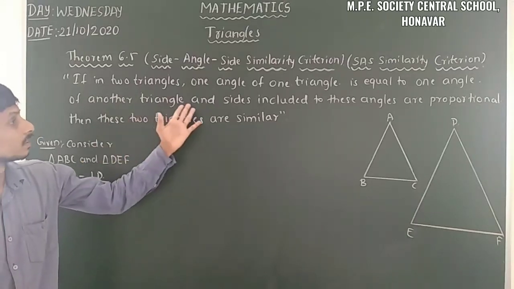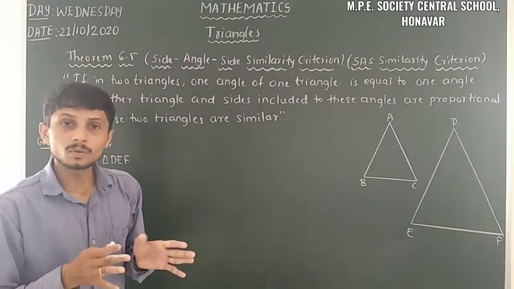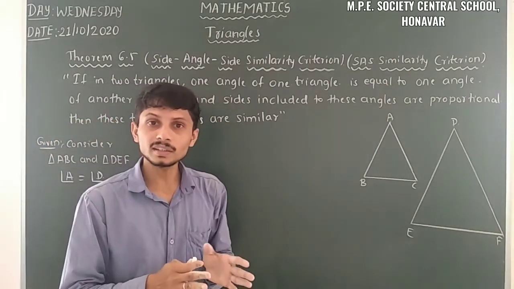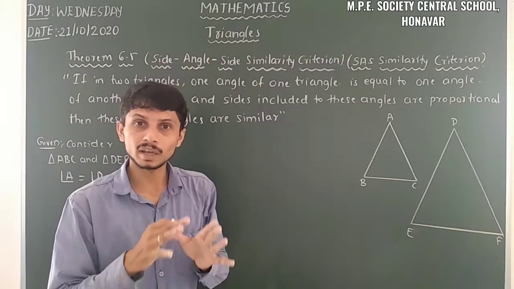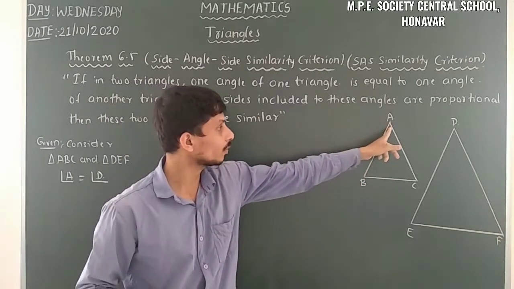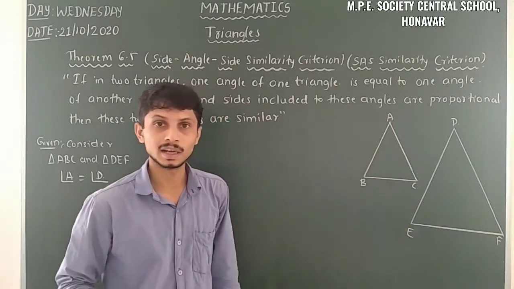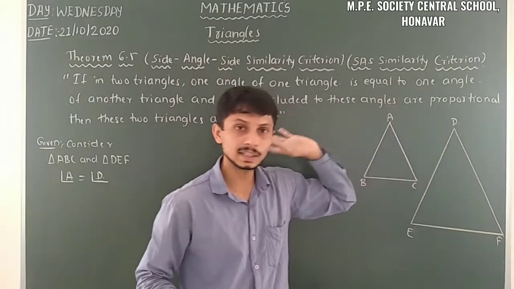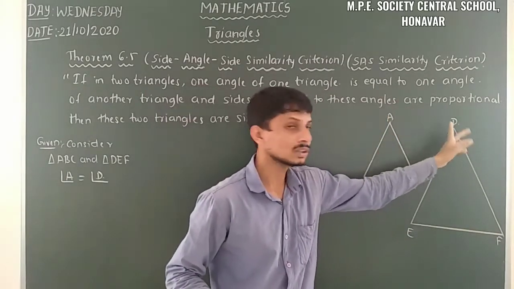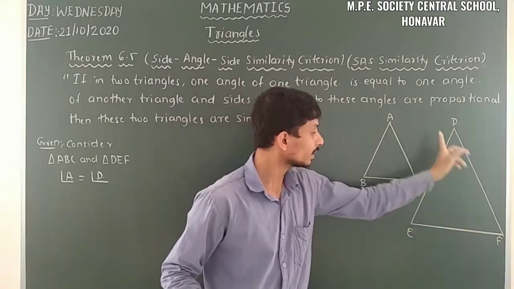And then the sides included to these angles. If we want any angle, we have to take two rays. Here angle A is formed from AB and AC, and angle D is formed from DE and DF.